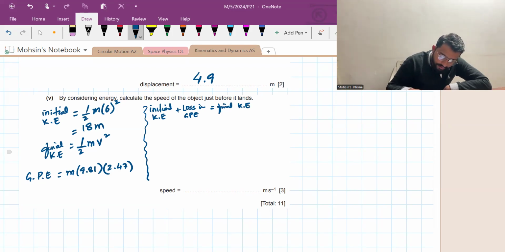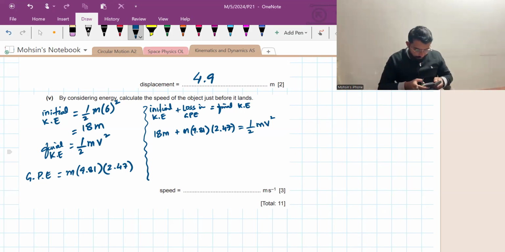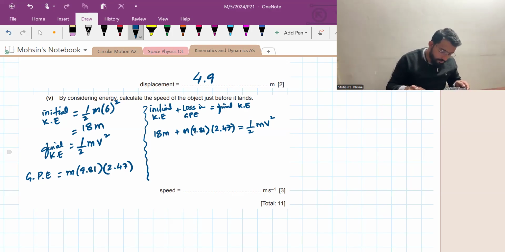So initial kinetic energy is 18 m. Loss in gravitational potential energy will be m into 9.81 into 2.47 is equal to half m v square. If I take m common, m will be cancelled out, and here it will become 9.81 into 2.47 plus 18. I'm getting 42.231.